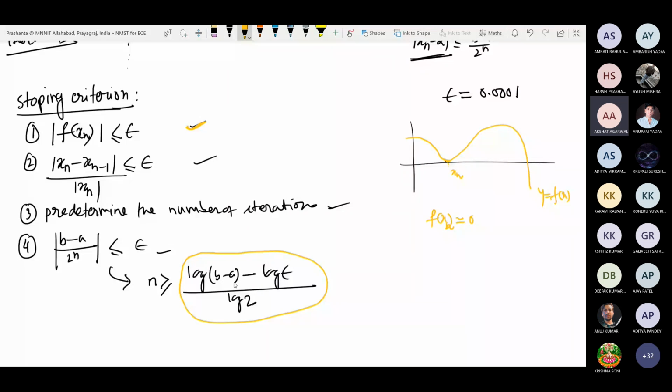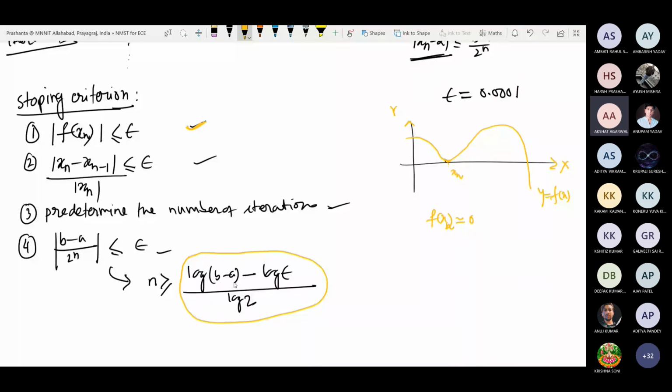Yes, sir. This side is the y-axis, this side is the x-axis. So f of xn is very close to 0, but is xn a root? No, sir, it is not touching the x-axis. It is coming very close to the x-axis, and then its value is increasing again, and after a certain time it crosses the x-axis.